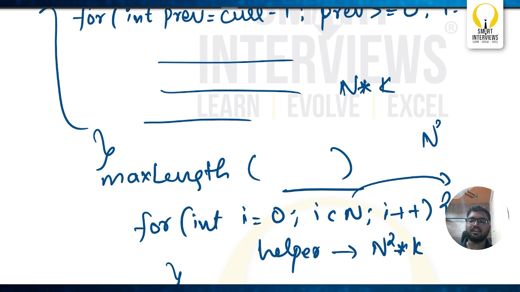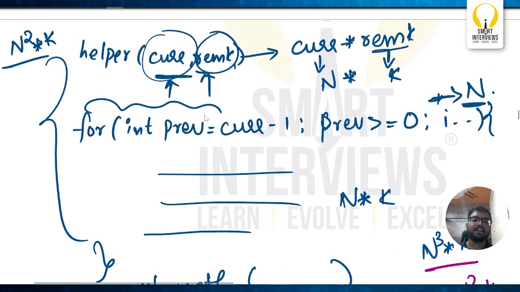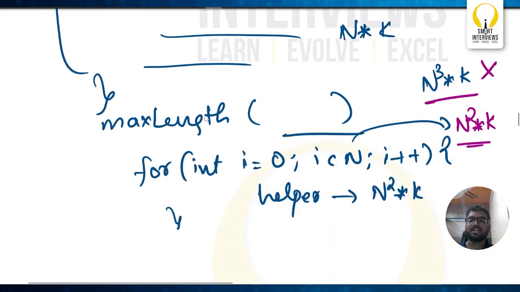Will you say it is n cube into k? No. Why is it not n cube into k, and it is n square into k? What is the reason for this? Because we are going to visit current and remaining k only once. We are going to compute the results for the current index and remaining k only once. That's the reason your time complexity here is n square into k.